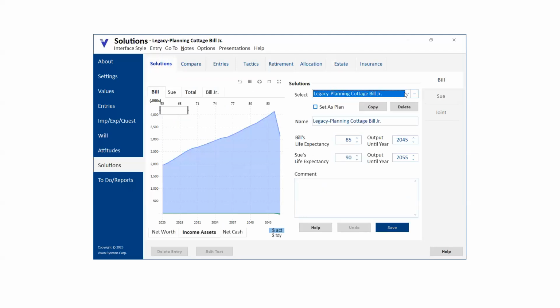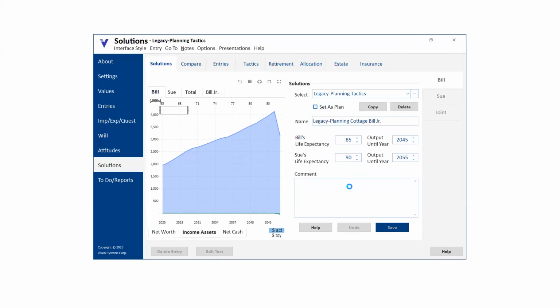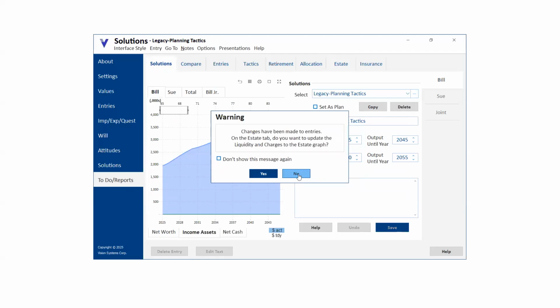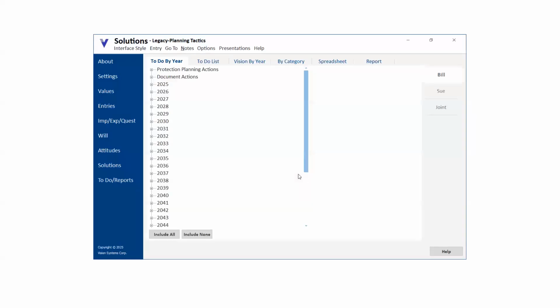And what we want to do is look at what we can generate in the way of a report. I want to remind you that one of the features when you're looking at the generation of reports is that in a report, there are comparisons, the one solution versus the other solution.